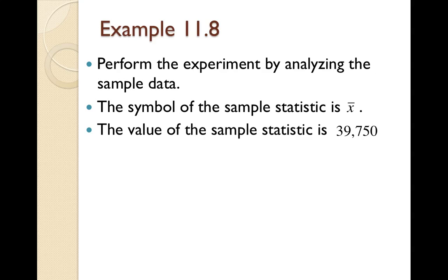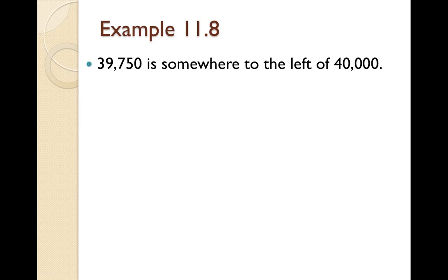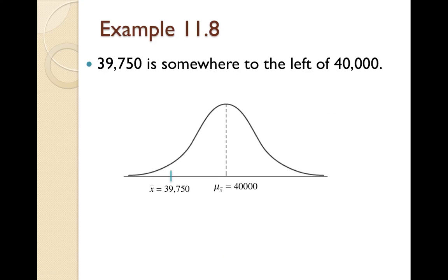Our next step is to locate where this sample statistic lies on the bell curve. If we look at the normal distribution, the bell curve, and we note that the center is 40,000, 39,750 is our value for X bar, and it's somewhere on the left side of 40,000. When we calculate its p-value, we will be calculating all of the area from negative infinity up to 39,750.